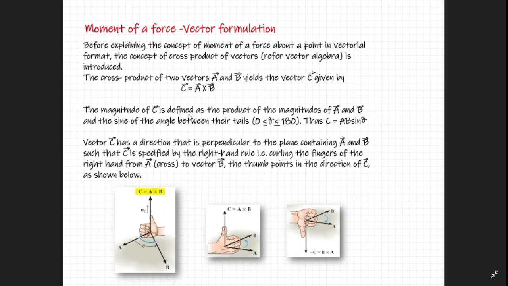The magnitude of vector C is defined as the magnitude of vectors A and B and the sine of the angle between their tails, where the angle between their tails, theta, lies between 0 and 180 degrees. That is, the magnitude of C equals A into B, into the sine of the angle between their tails.